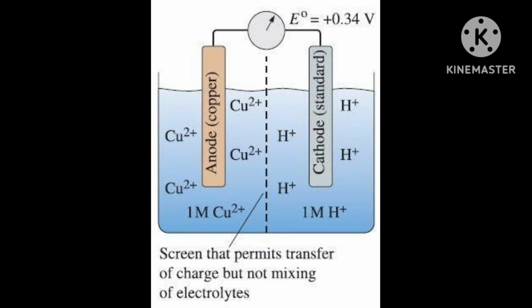If the potential at the anode and the potential at the electrode are equal, then just like water at the same level, it will not flow, because both are at the same height.